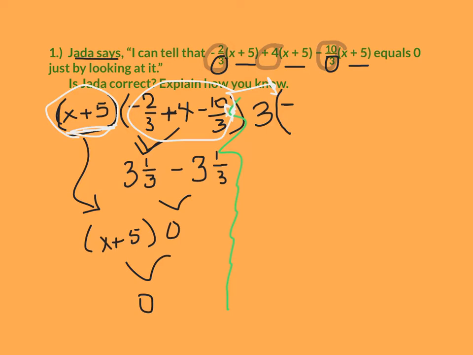So 3 times negative 2/3, plus 4, minus 10/3.